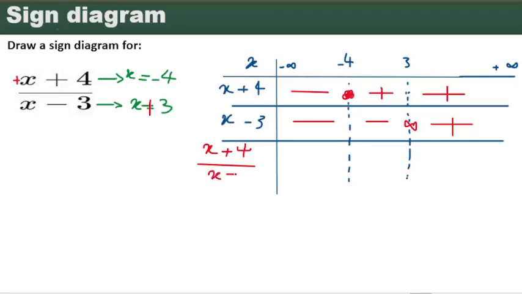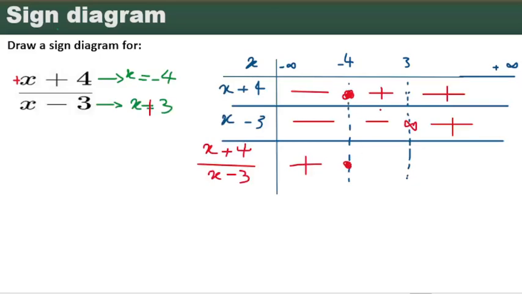It's like I do division, so the sign follows the division sign, which says negative negative gives me positive. At x equals negative 4 the numerator is 0, so the expression would be 0.